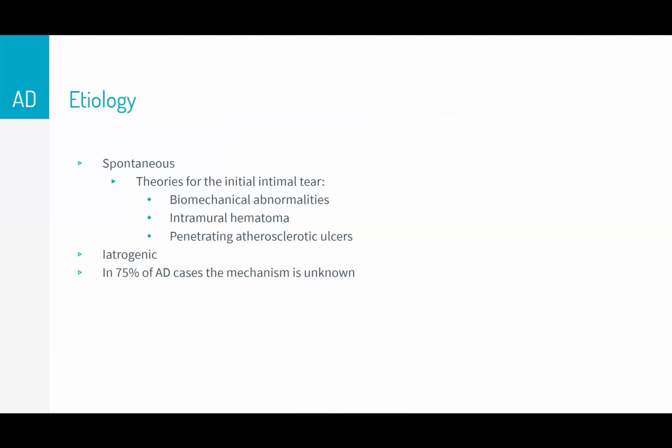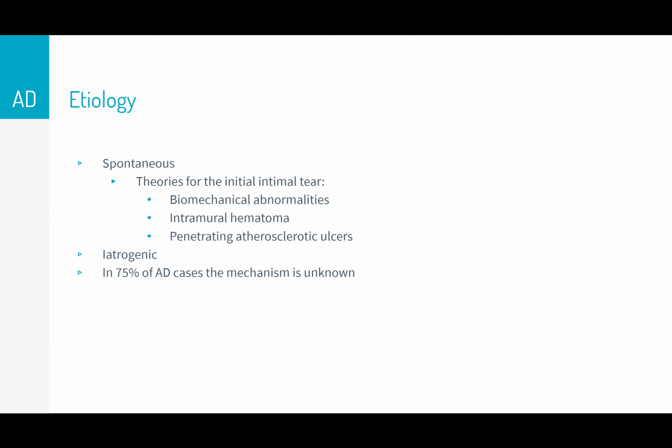So regarding the etiology of the aortic dissection, it happens either spontaneously or due to iatrogenic causes. For spontaneous, we have multiple theories. We have the biomechanical abnormalities. This involves hypertension, because this causes a biomechanical abnormality because of its high stress and high pressure.